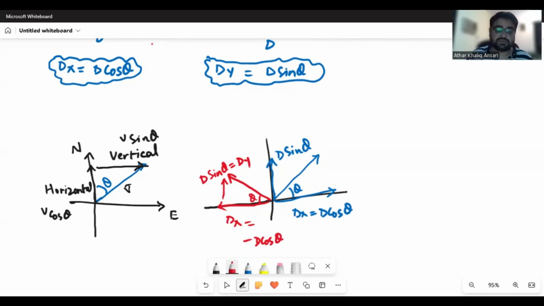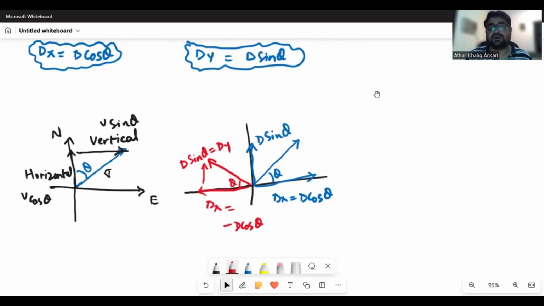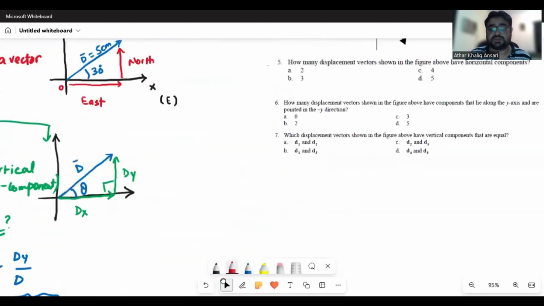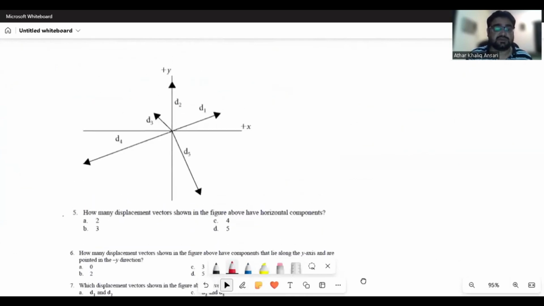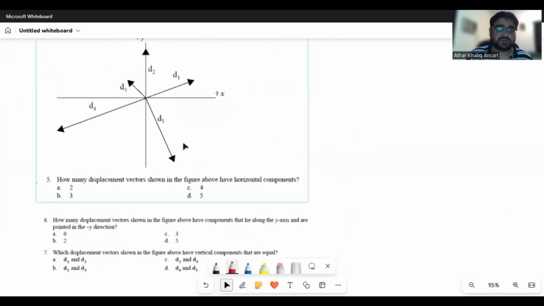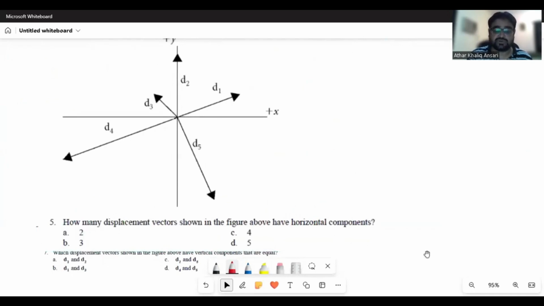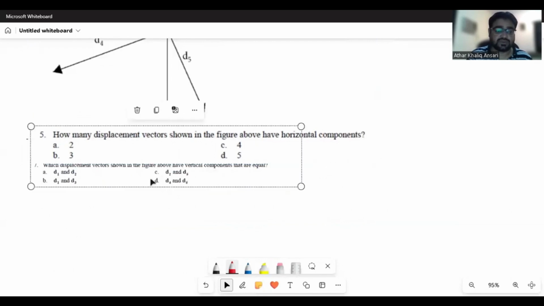Let me give you an example here, and to understand the example, we can easily find out the understanding of the component. For example, this is an example seen on your screen. There are many vectors shown here, and all of these vectors which you can see are displacement vectors with different names like d1, d2, d3, d4, d5.